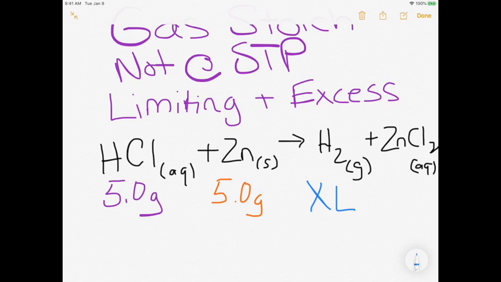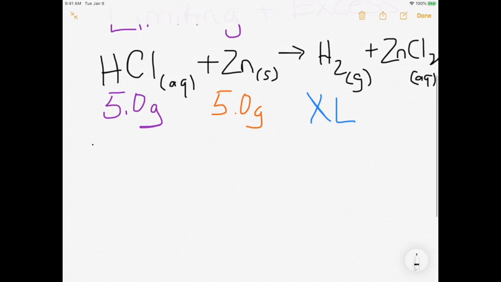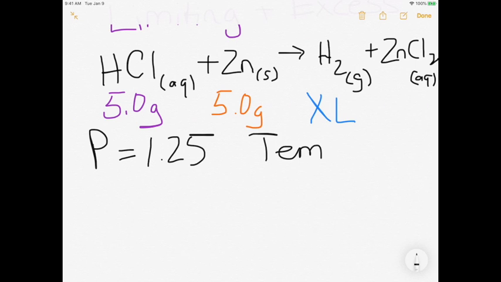Just like we've done before, we've gone from mass to mole to mole to mass, or mass to mole to mole to volume, or volume to mole to mole to volume. Now in this example, we're not going to be at STP, so our pressure is going to be equal to 1.25 and our temperature is going to be 25.0 degrees Celsius.